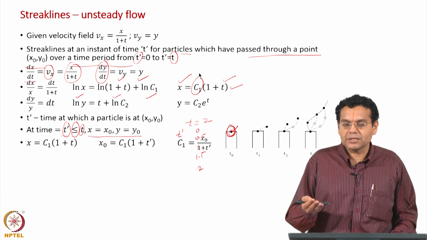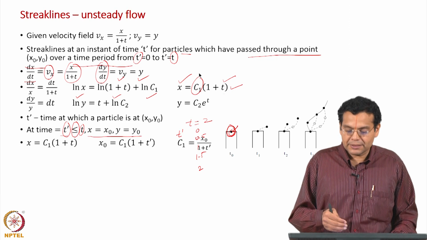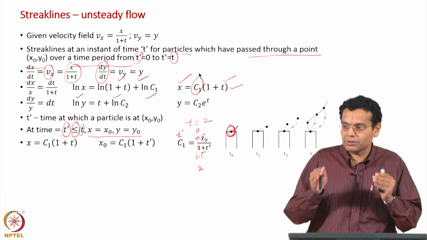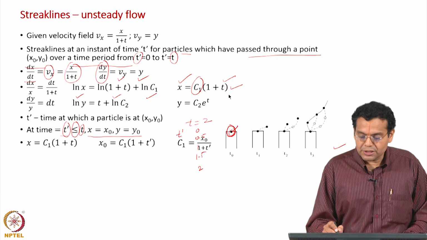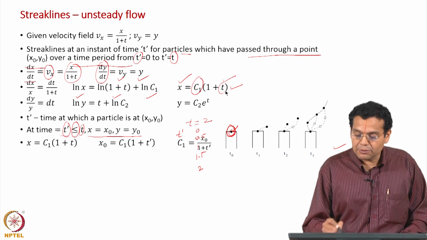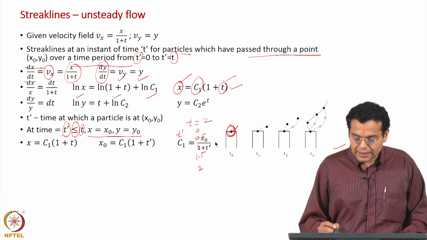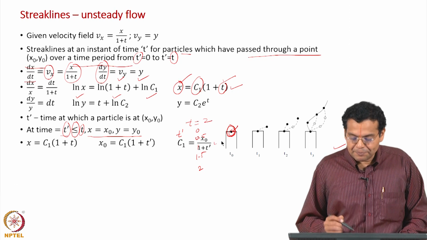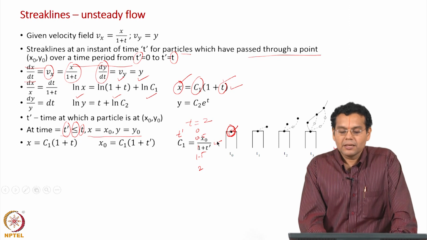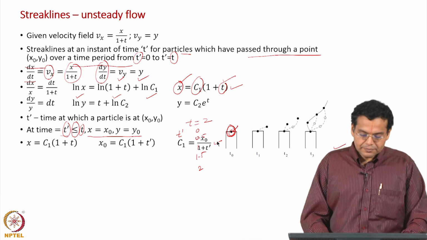In the earlier case it was time t equal to 0, in the present case it is at some time t equal to t dash. So, we use this equation, substitute t equal to t dash and of course x equal to x naught, and evaluate the constant as C1 equal to x naught by 1 plus t dash.